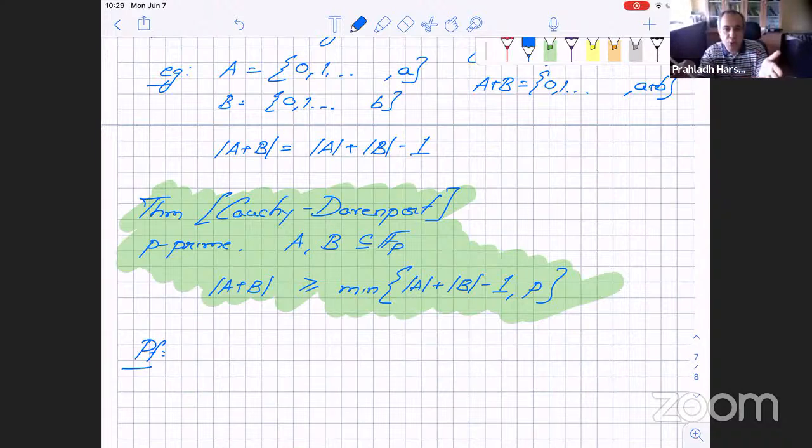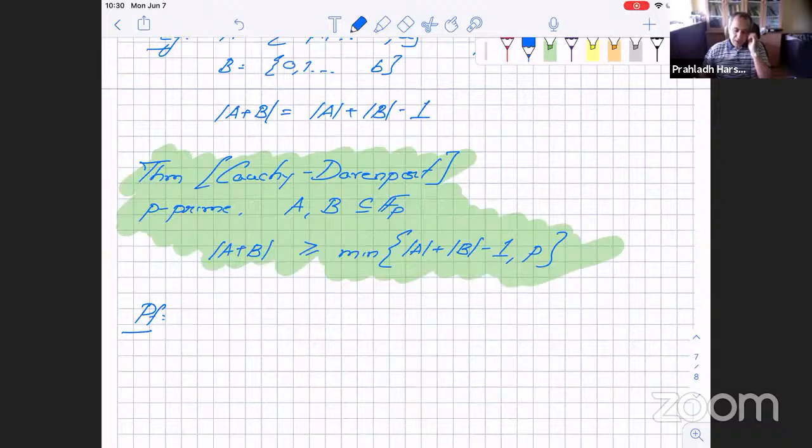There won't be any growth. A plus B will be the size of A, it won't grow to size A plus size B minus 1. A plus B never goes beyond the subfield. That's why it's important it was a prime field. If it's a non-prime field, this is not true. There'll be a place in the proof where we actually use that p is prime. The statement is false for non-prime fields.